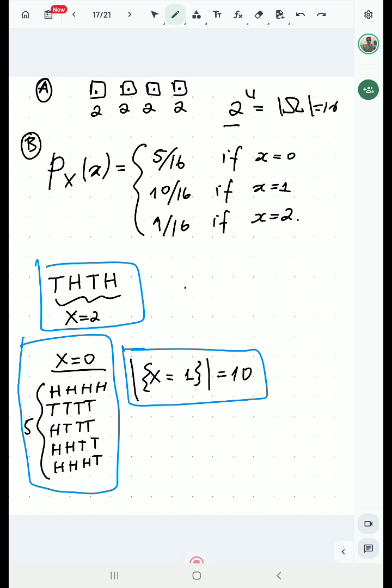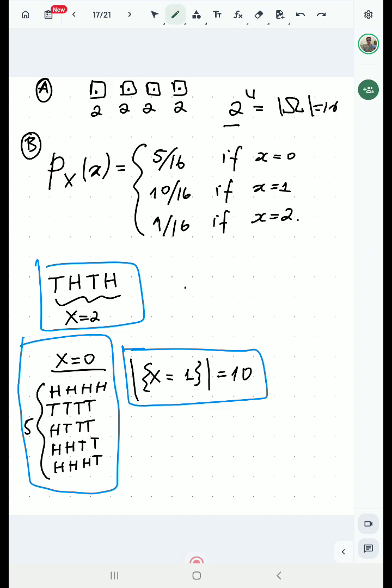The maximum value of this random variable is 2, and there is only one specific case corresponding to this outcome: TH, TH. So in the first trial you get tail and then head, and again tail, head. So here tail is followed by head 2 times.